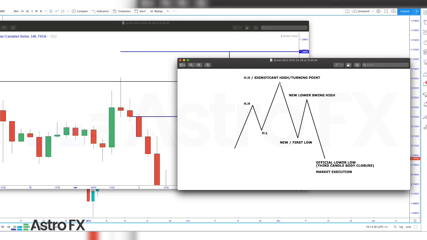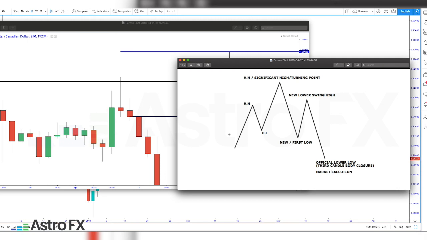So what happens is the high is made, the market trails all the way back down to form where the body closes right there. Then the market pulls back up for another, let's say, lower swing high, or it could be a right shoulder right here. Then, boom, the closure of the body, which is there in this case, official lower body, 3rd candle body closure. This is the market execution.